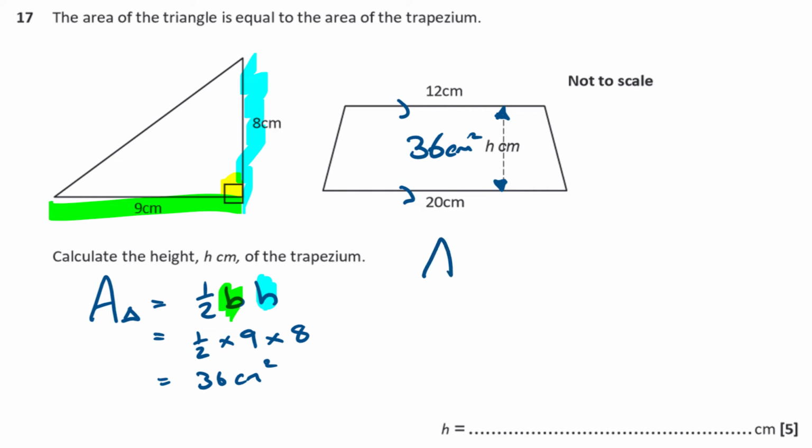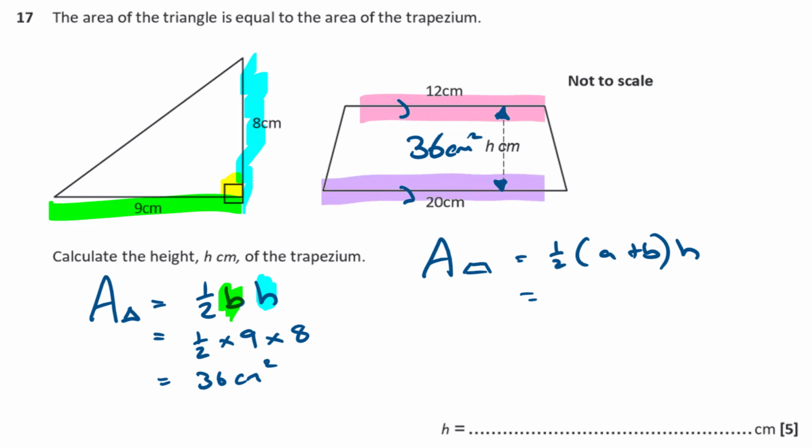So the area of a trapezium formula, that is half a plus b times h. Okay, it looks like a complicated formula, but basically half a plus b is just finding the average of your two parallel sides, this one and this one. You add them together and you divide by 2, and then you multiply it by the distance between them, which is h.